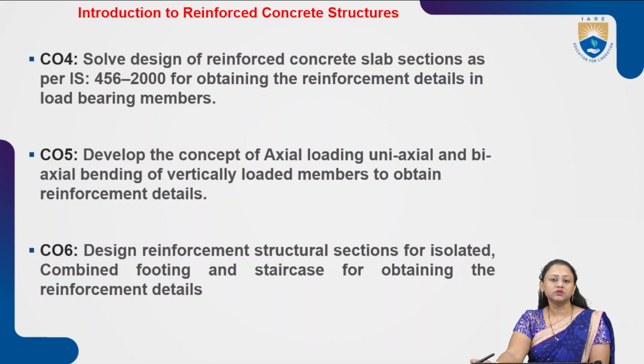The fifth course outcome involves the development of the concept of axial loading for uniaxial and biaxial bending of vertically loaded members. When we talk about vertically loaded members, it involves the analysis of columns and design of reinforcement for columns. The sixth course outcome includes the design and reinforcement of structural sections for isolated footings, combined footings and staircases for obtaining their reinforcement details.